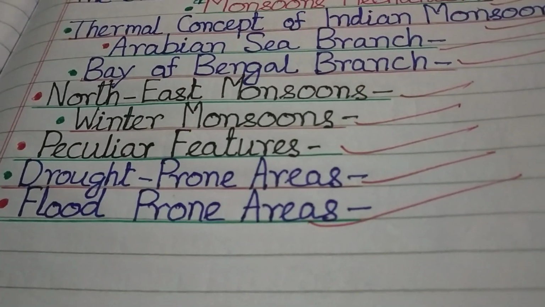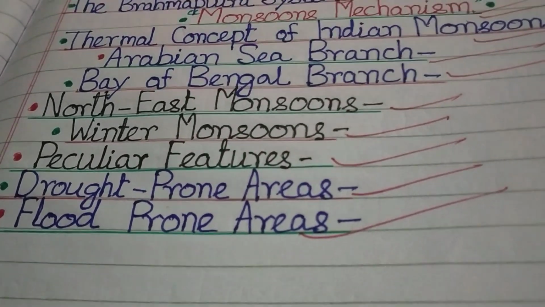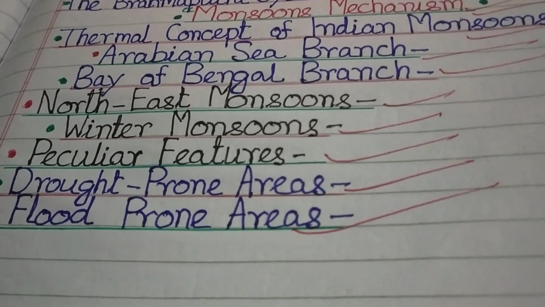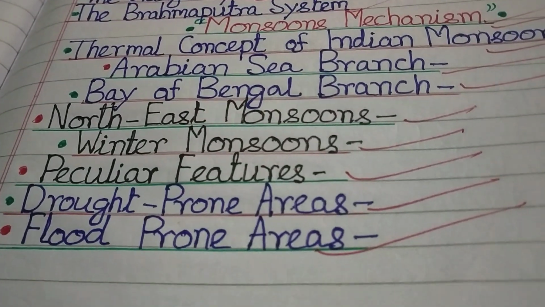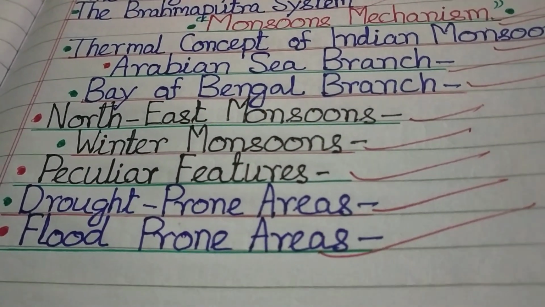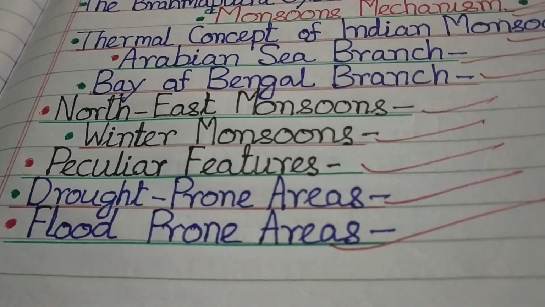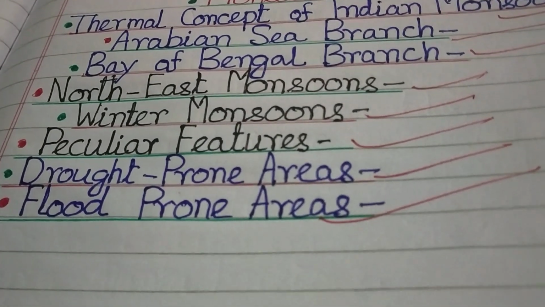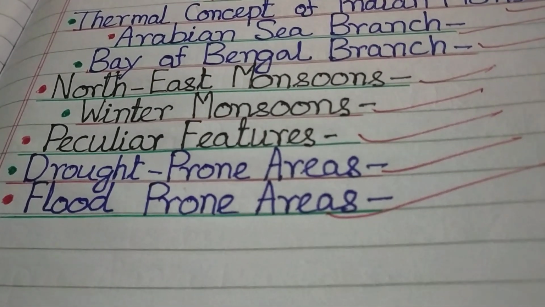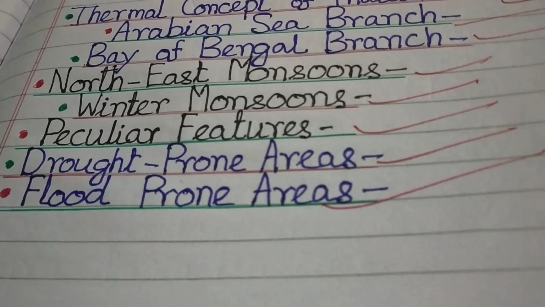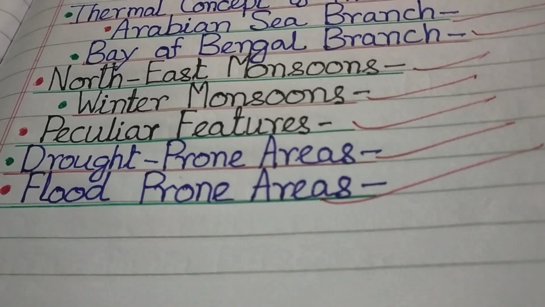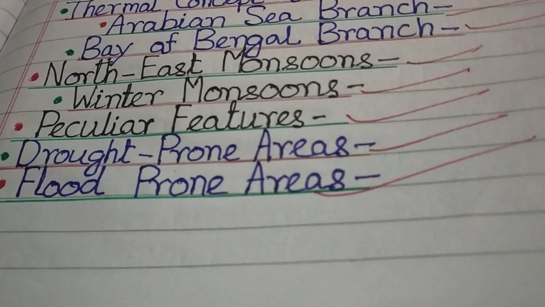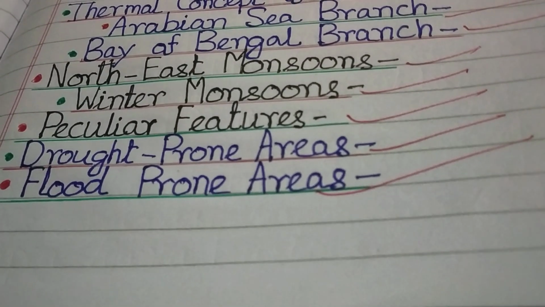This is also the time when the sun makes an apparent movement south of the equator. Now the winds that dominate the subcontinental landscape are the ones which move from the northeast to the southwest.